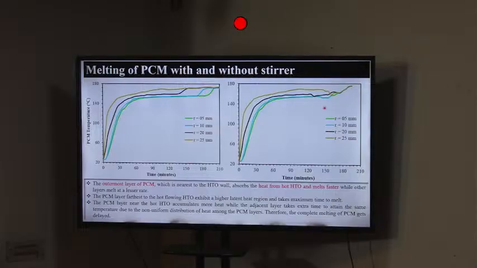So the optimization was that whatever energy we have utilized for stirring the system is much lower in comparison to the time which is required for making the system charge. So that way the charging time was reduced, and that was giving us an advantage in terms of storing the energy.